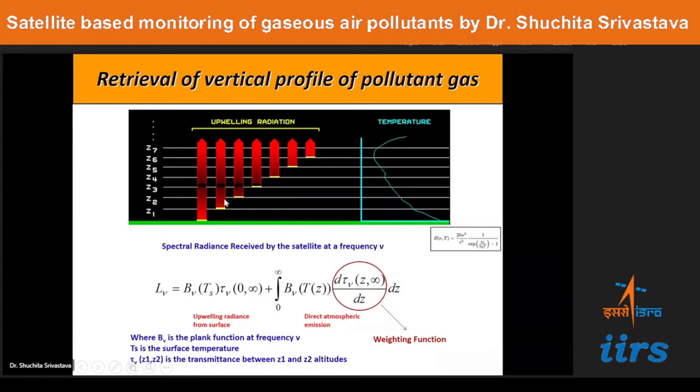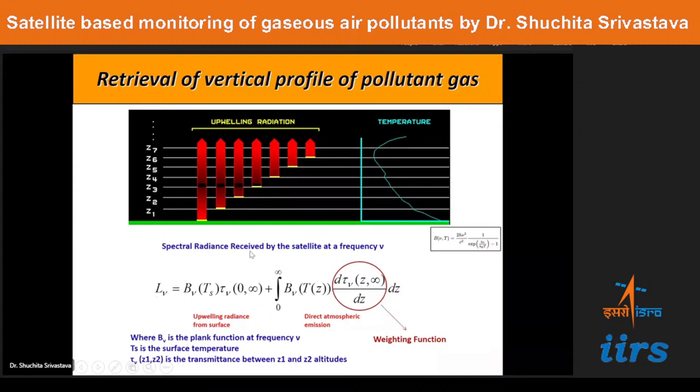Similarly, according to the temperature of different layers, every layer will also emit radiation in the vertical direction, and that will again be absorbed by the overhead atmosphere, right? So if we make one particular measurement, for example at 9.6 micrometer, then the 9.6 micrometer radiation received by the satellite will come from the surface as well as from different layers of the atmosphere, correct?